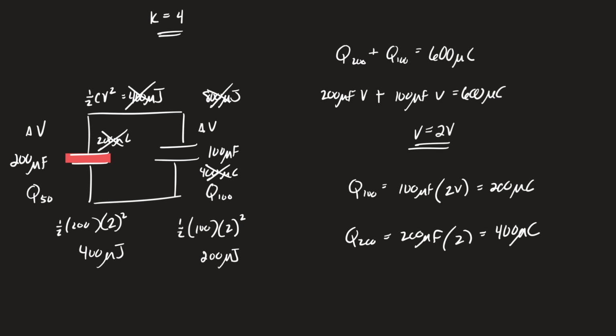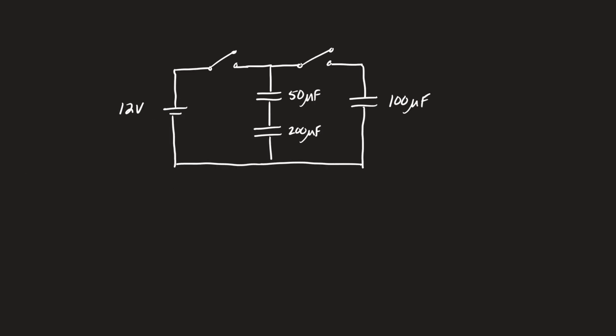Did the energy go up or down? It went down again, right? Total energy of the system was reduced. So it took work, took energy, to push those charges back to the old capacitor. The work here isn't hard.